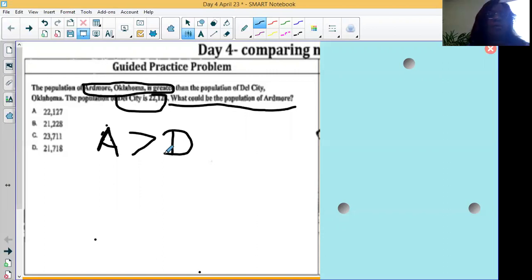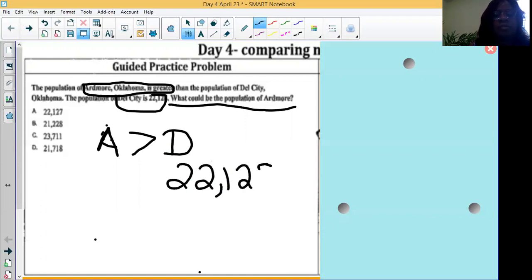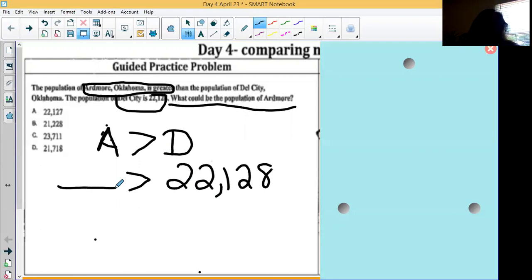So no matter what I do, I have to figure it out. Dale City is 22,128. So whatever goes here has to be greater than 22,128. I'll take a moment and you write down that information.